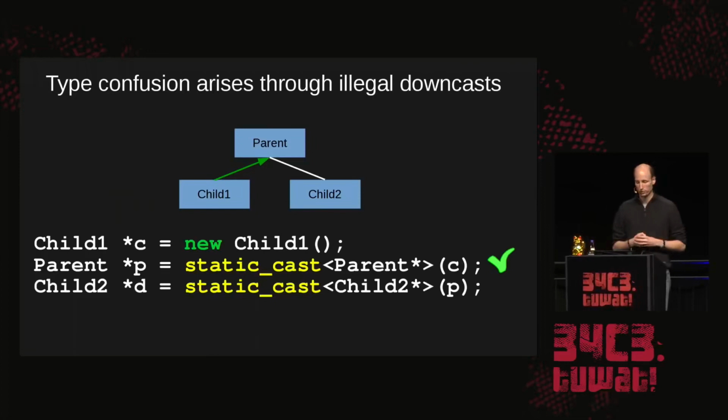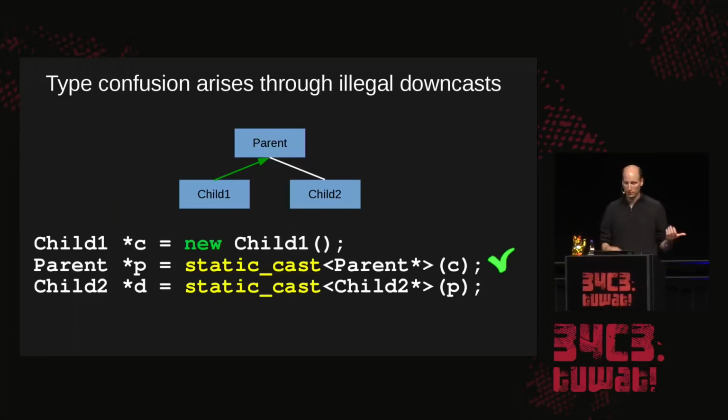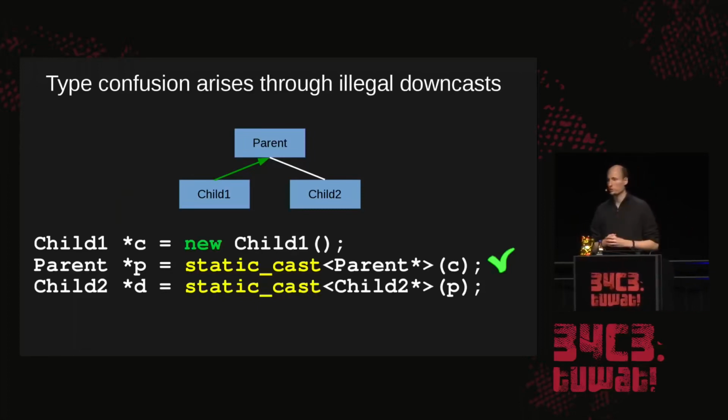And we can store the pointer in the P pointer, and we can use the parent object or the fields of the parent object. Now, as a second step, we can cast a parent object into a child object. And if the underlying object has been allocated as a child2 object, then this cast would be allowed.